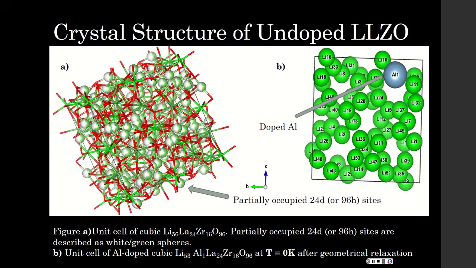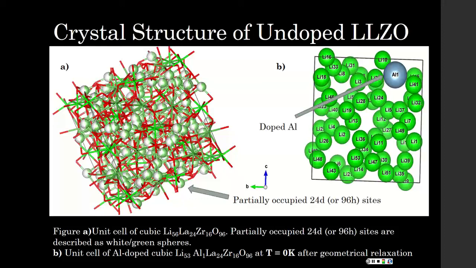So that is the structure of the cubic LLZO material before doping. In this structure, I have just shown these balls. These balls basically are partial, like here, two lithium atoms are partially sharing these places. So there are two different sites, 24D and 96H, having two different partial occupancies.